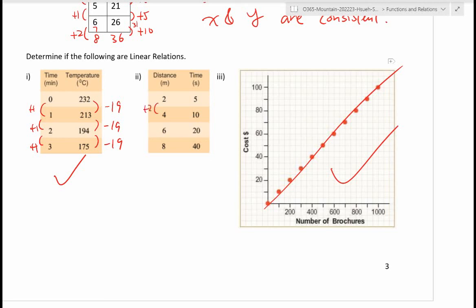How about the next one here? This is going up by 2, by 2, by 2. This is going up by 5, this is going up by 10, that's going up by 20. No, this is not a linear relation.